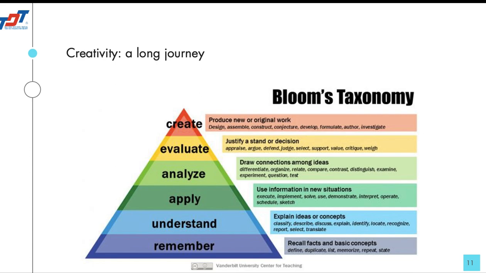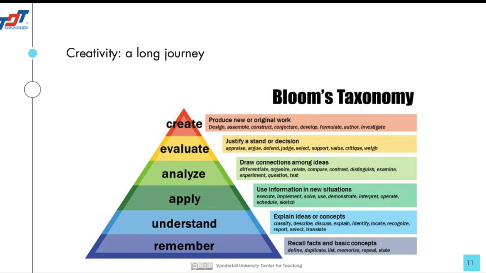Let's look at Bloom's taxonomy. You see creativity stays at the top of the mind levels. First remember, then understand, apply, analyze, evaluate, and create. So creativity is a long journey.